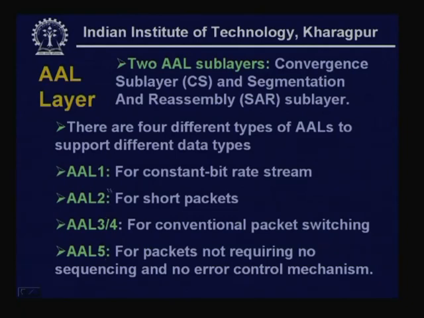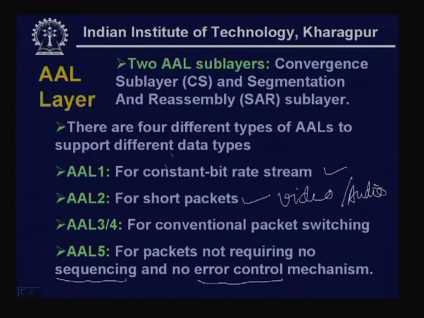For example, AAL 1 is for constant bit rate streams, AAL 2 for short packets coming from video or audio applications, AAL 3 or 4 for conventional packet switching, and AAL 5 for packets requiring no sequencing and no error control.